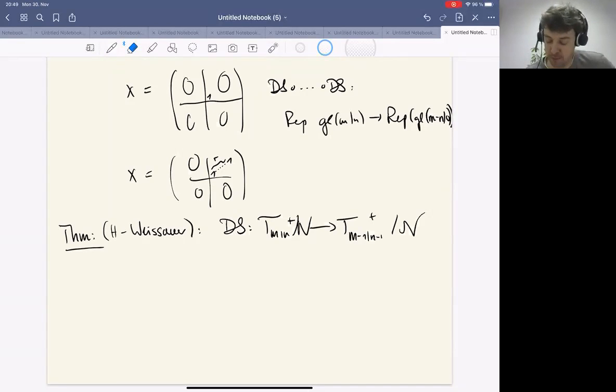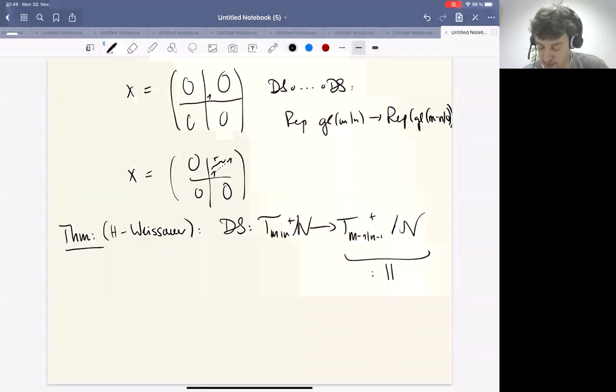So let me give these representation categories that you see here a name. I call this here HM minus 1, N minus 1. This is the supergroup scheme such that rep of this supergroup scheme is equivalent as a tensor category to this quotient.